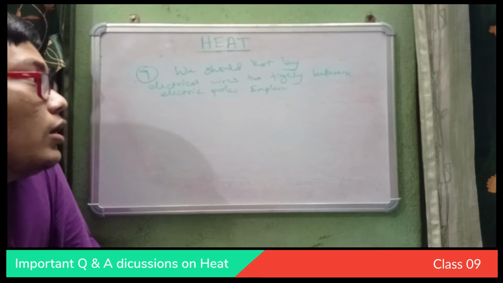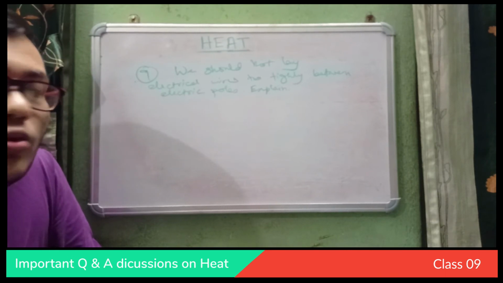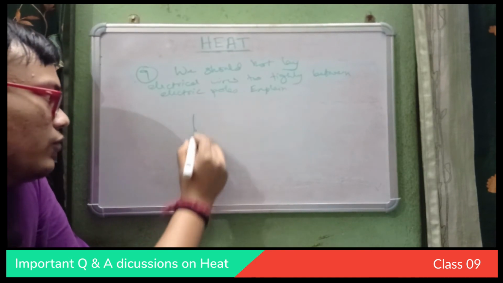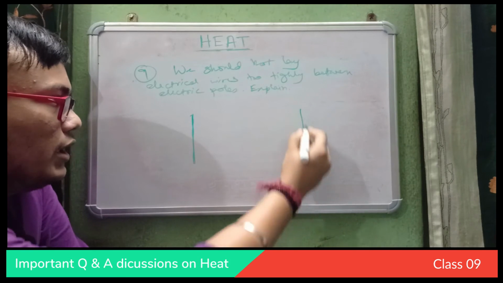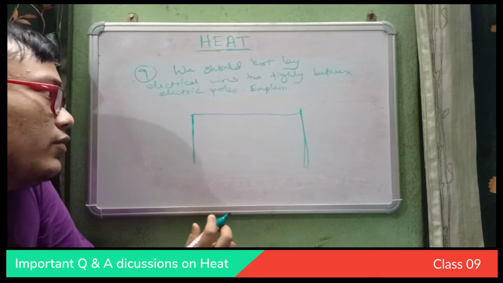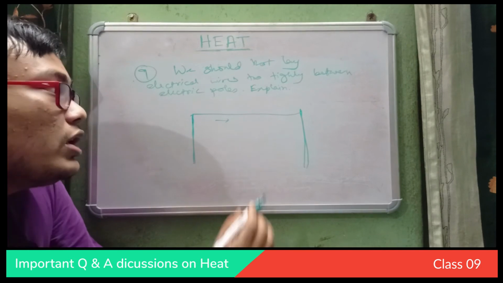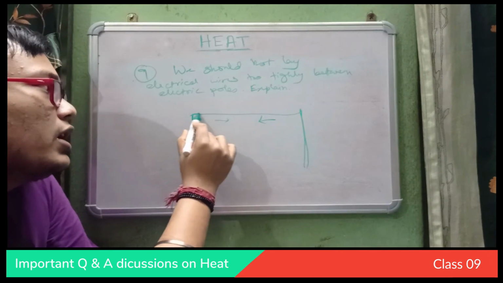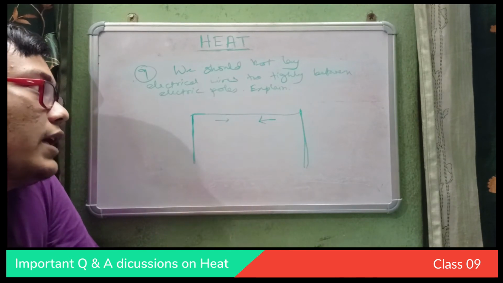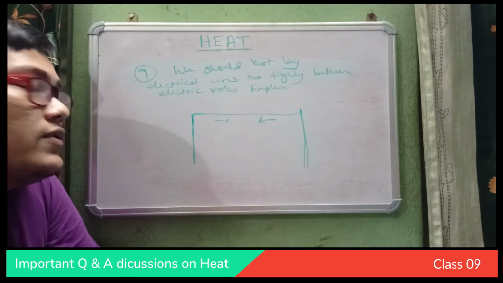Now we know that substances contract on cooling, right? Metals contract on cooling. So let's say these are two electrical poles, pole A and pole B. If we lay a wire too tightly, then in winter the temperature cools down and this metal wire will contract, and if they are laid too tightly, there will be chances of the electrical wires tearing apart.